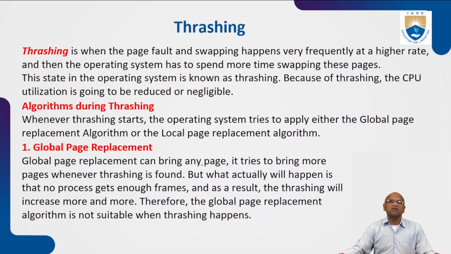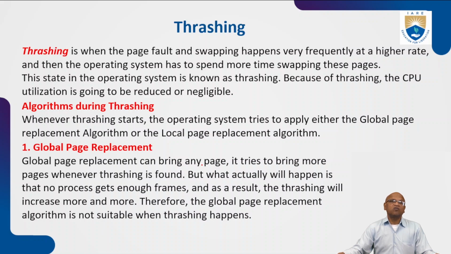Algorithms during thrashing, which we have seen: global page replacement and local page replacement algorithms. Whenever thrashing starts, the operating system tries to apply either the global replacement algorithm or the local replacement algorithm. In the global replacement algorithm, it can bring any page, because it is autonomous, you can say.